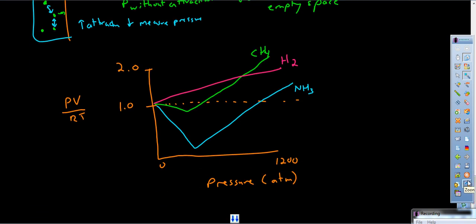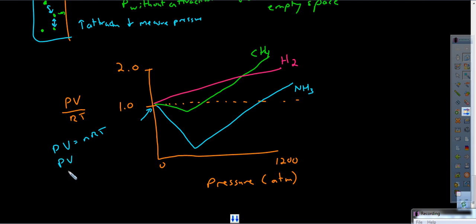And finally, gases generally behave ideally at very low pressures, for example, about 1 atmosphere. Now, this is PV over RT over here. Now, we know that PV is equal to nRT. So we know PV over RT should be equal to n.